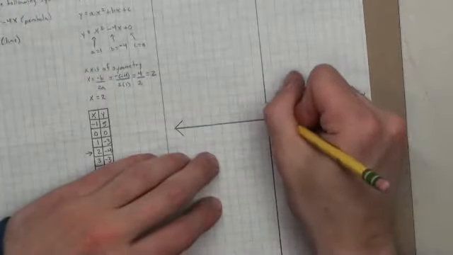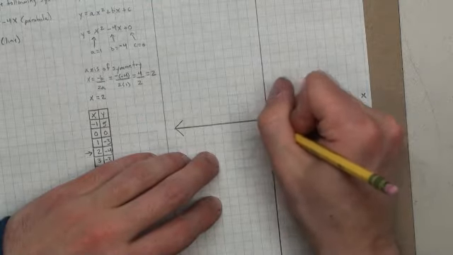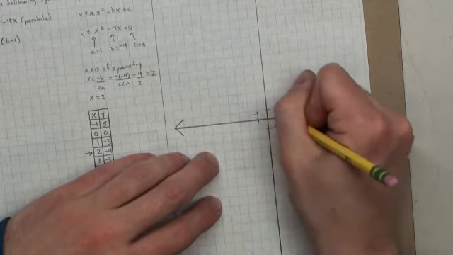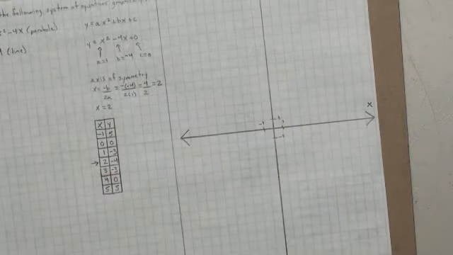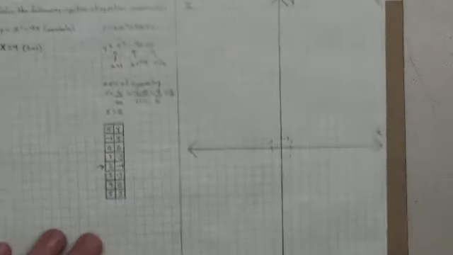And we have to identify the scale we're using, which is by ones. Okay? Now let's finish this.